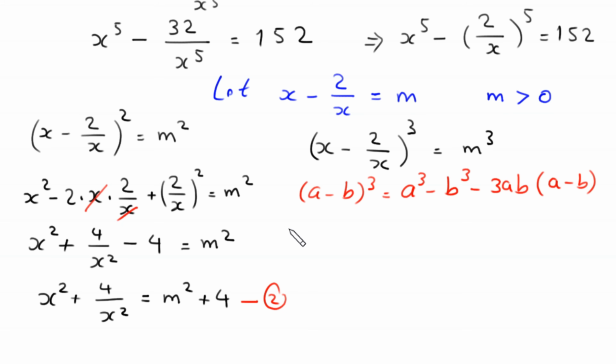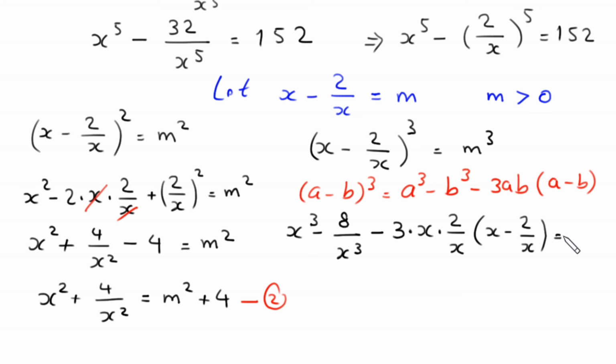This will become x cubed minus 8 over x cubed minus 3 times x times 2 over x times (x minus 2 over x) is equal to m cubed.